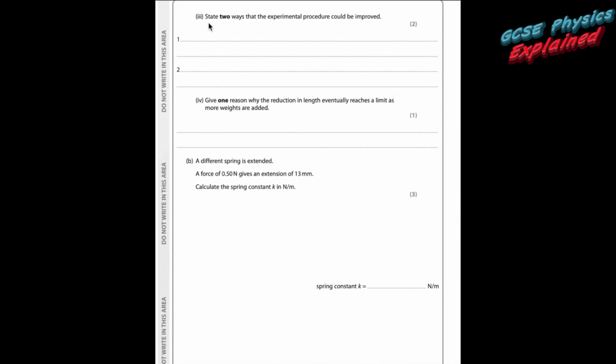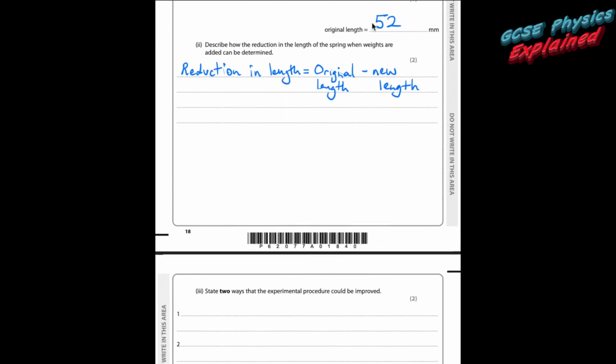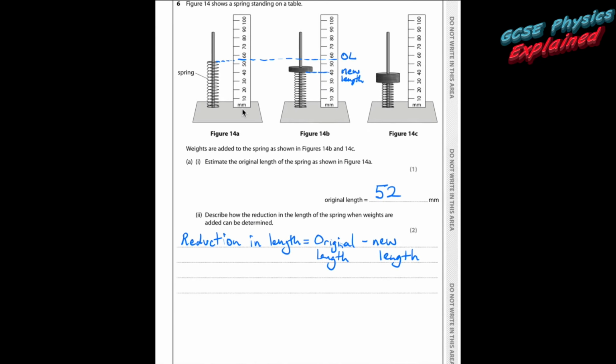Part 3. State 2 ways that the experimental procedure could be improved. Right, let's go back and have a look at the picture. I know they're millimetres, but they haven't got any little intervals.